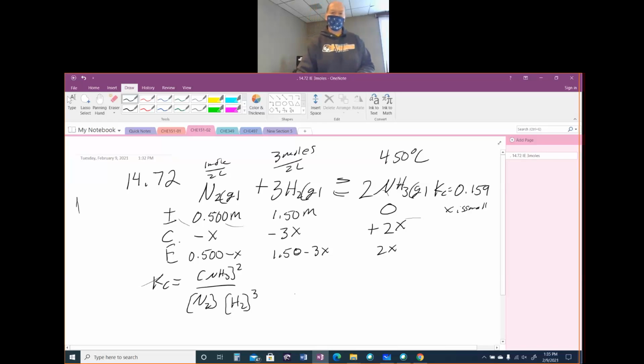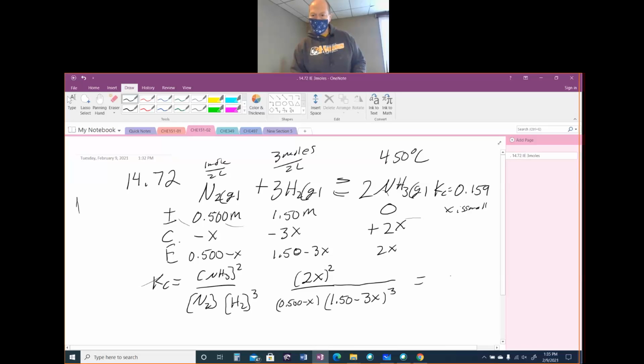All right, so now we plug in our equilibrium concentrations: NH3, 2x, squared; N2, 0.5 minus x; and H2, 1.5 minus 3x, quantity to the 3rd, and that is equal to 0.159.